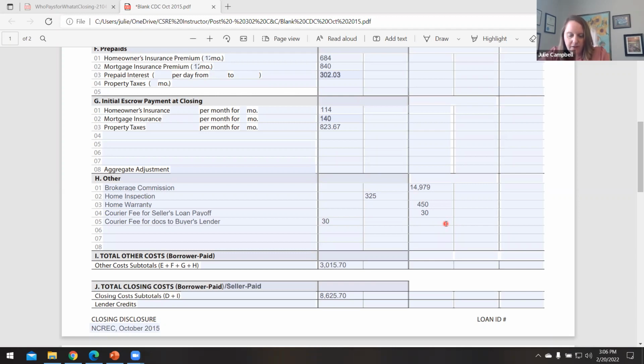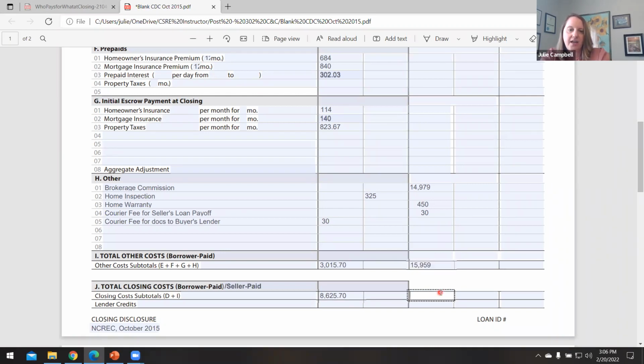We have that courier fee. So 500, 14,979, 450, and 30. So when I tally up the sellers, E plus F plus G plus H right here, we get 15,959.